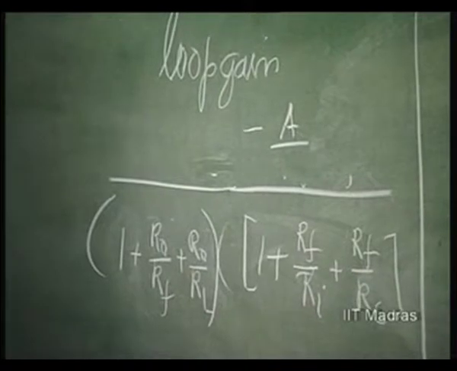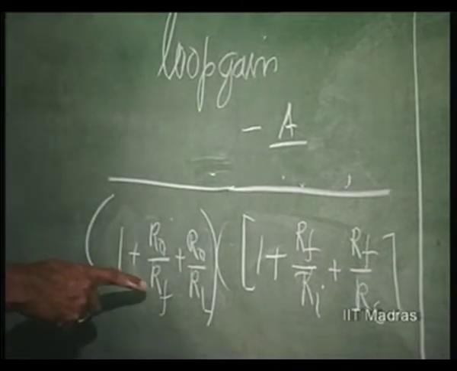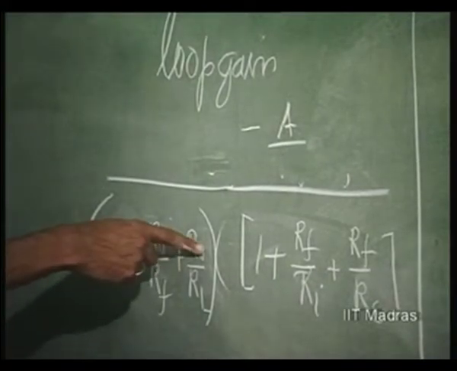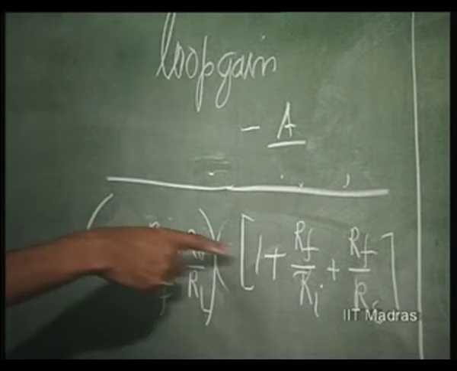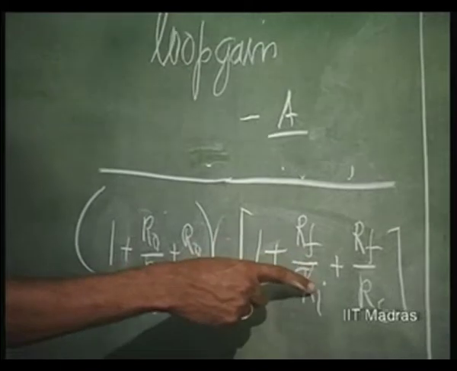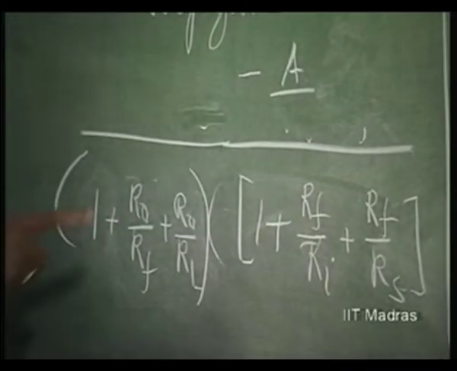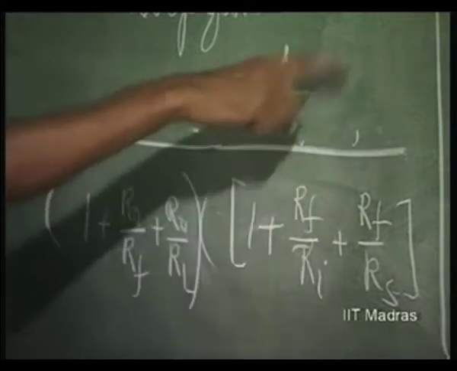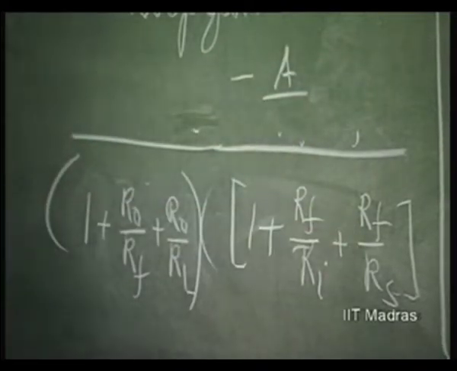Or if you were to really make R naught equal to 0 and Ri equal to infinity, then the loop gain is minus A into Rs by Rs plus Rf. That is what we have got.